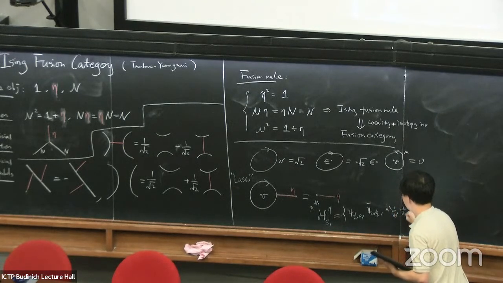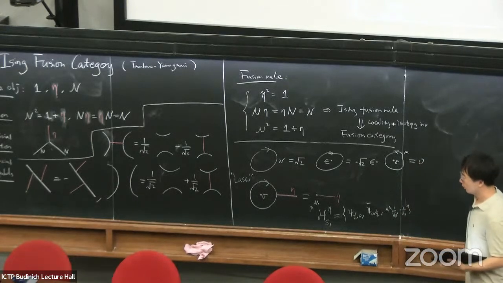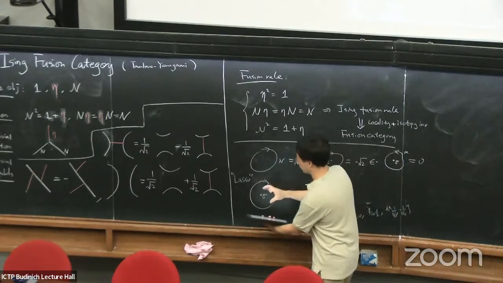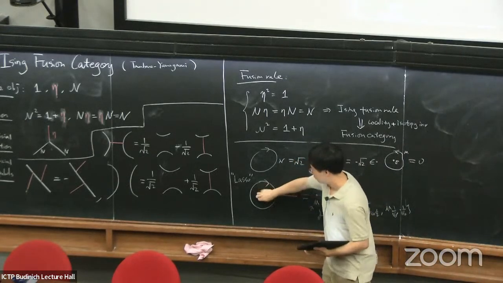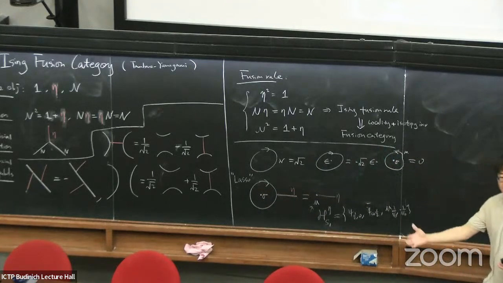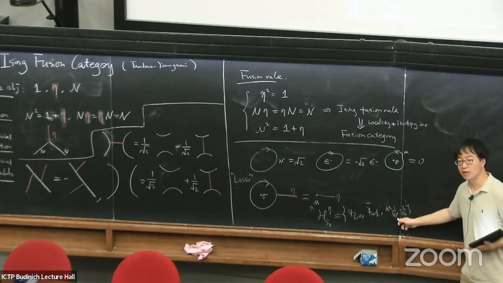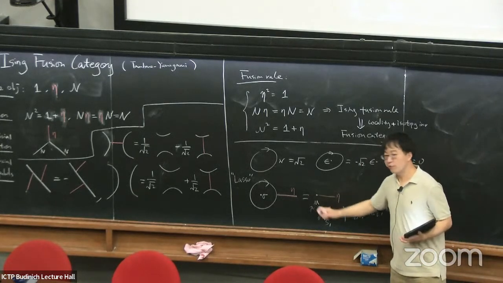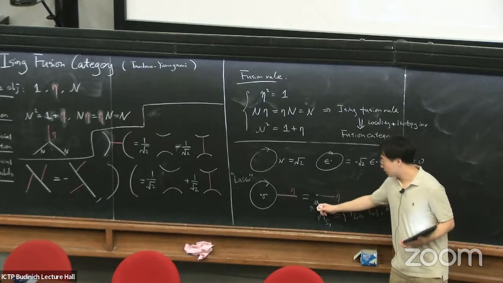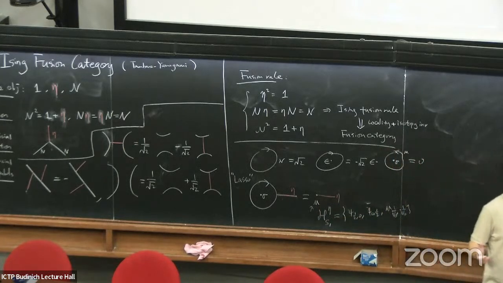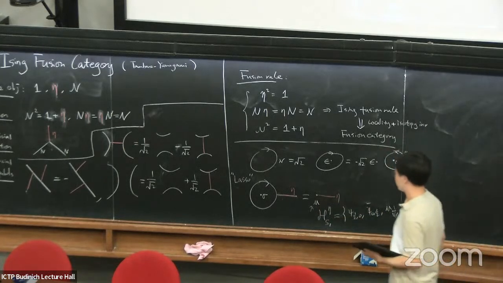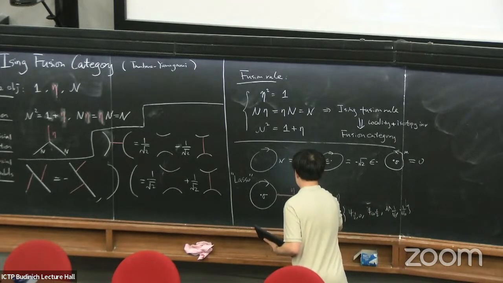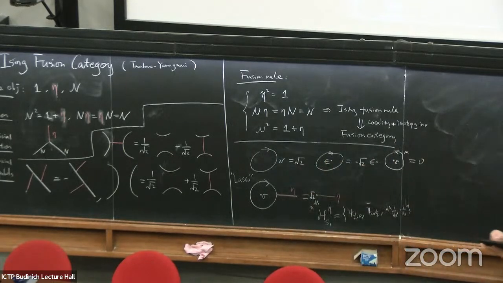For the same reason as before, this topological operation of shrinking the diagram, encircling this operator, does not change its scaling dimension. Because there's a single operator of dimension 1/16, 1/16, it has to be proportional to this one, and the coefficient can be fixed by asking this operator to have a normalized two-point function. What you find is that with that particular choice of normalization, the coefficient is square root 2.